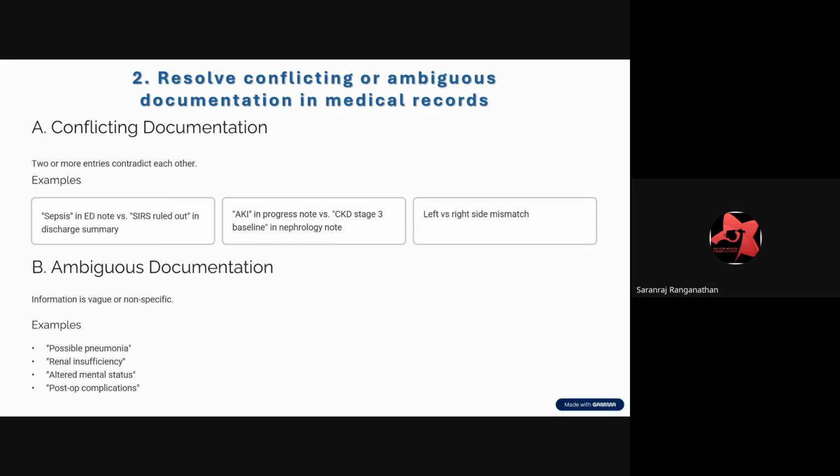Sometimes you may get incomplete documentation, or the documentation will not be clear, which is ambiguous documentation. In that scenario, it is better to check with the physician exactly what happened with that condition. See here, some example I provided: possible pneumonia. Pneumonia is something I cannot call possible. Certain conditions, say for example, suspected stones.